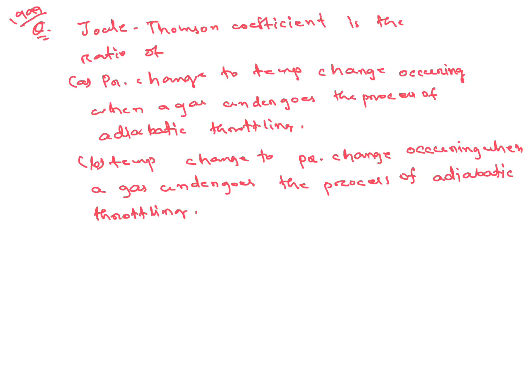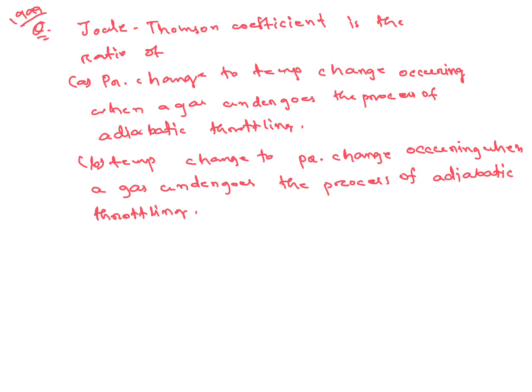This question was asked in IES 1999. The Joule-Thomson coefficient is the ratio of: A, pressure change to temperature change; B, temperature change to pressure change occurring when a gas undergoes the process of adiabatic throttling.